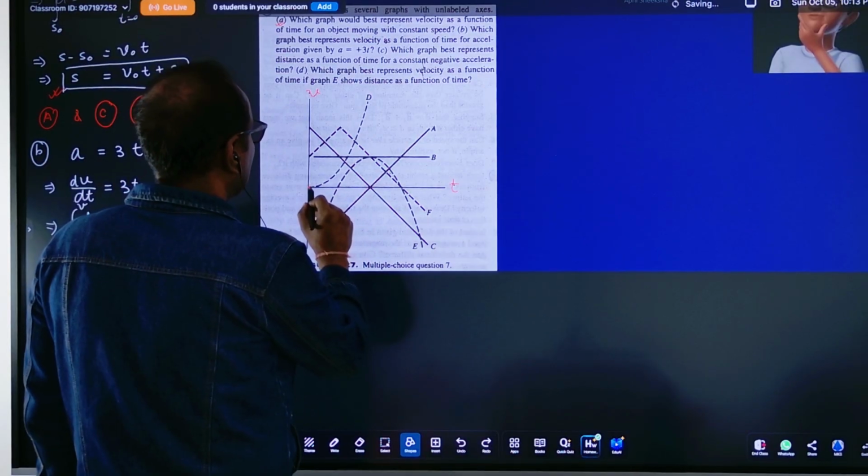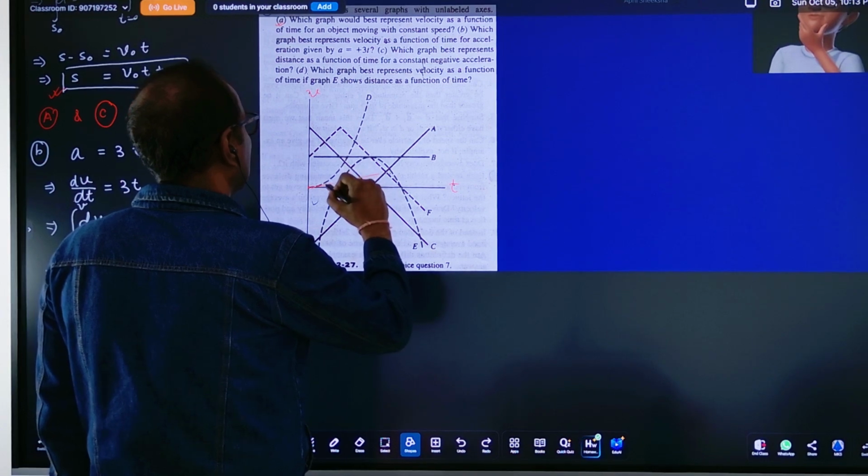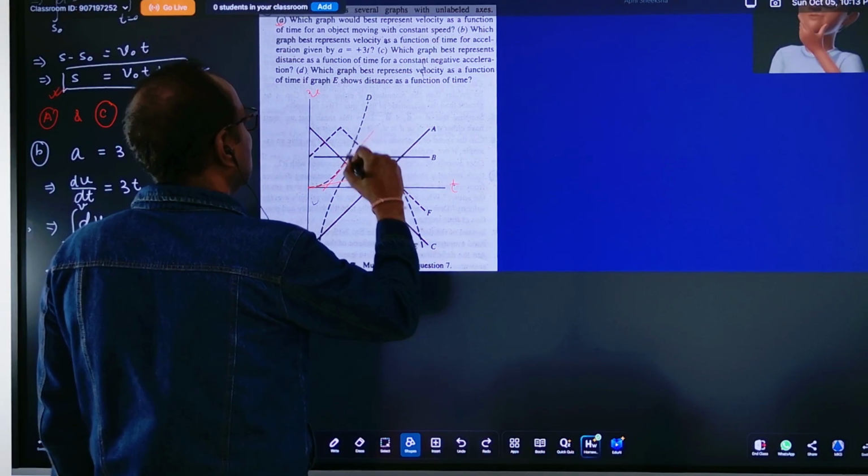So here the slope is this at this point, the slope is this at this point.